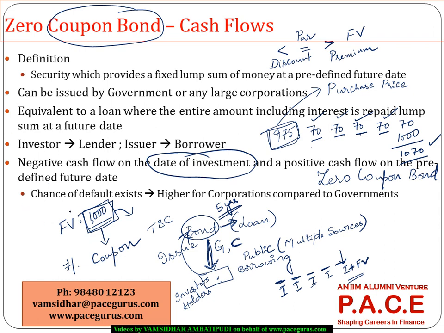But one thing we have to understand: today I have lent it, but there is no guarantee that I will get this back after, let's say, 5 years. I'm not saying assured, but there is some chance that this money cannot come back, and that is what we call the risk of default.